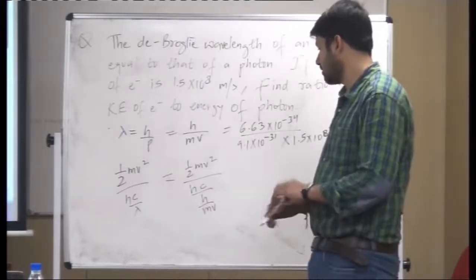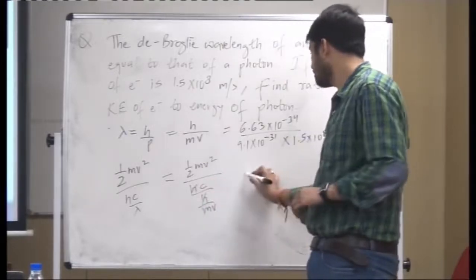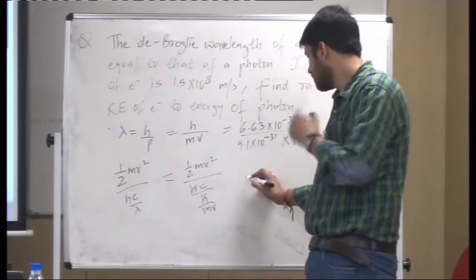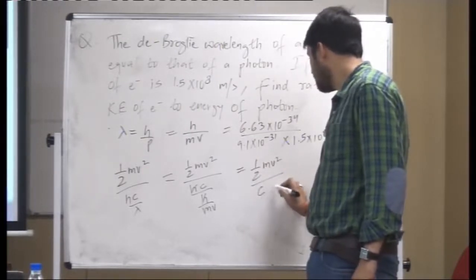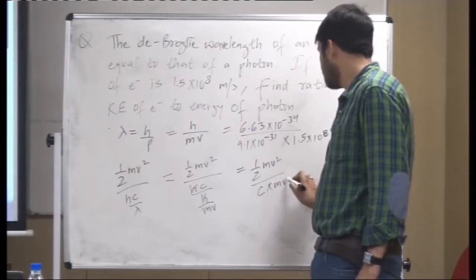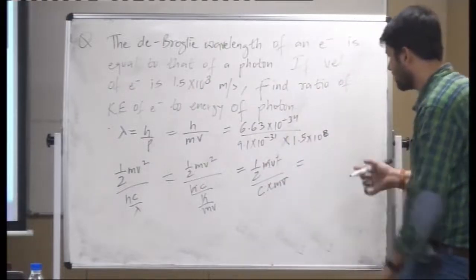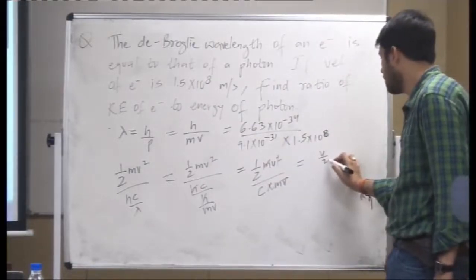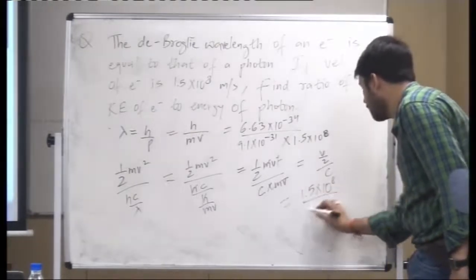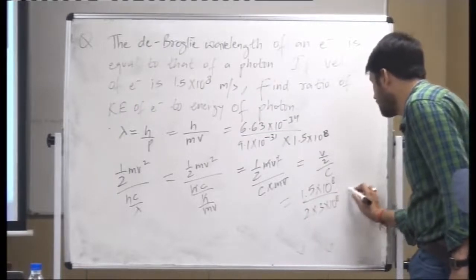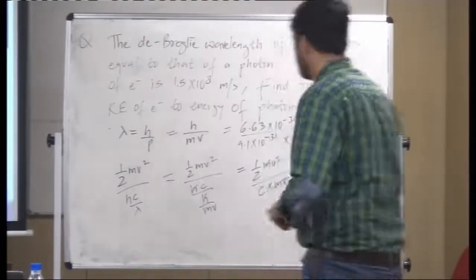So it would be half mv square by c into mv. And in fact you need not solve for lambda as well. This is v by 2 upon c. v is 1.5 into 10 raised to power 8 upon 2 into 3 into 10 raised to power 8. The ratio is 1 by 4.